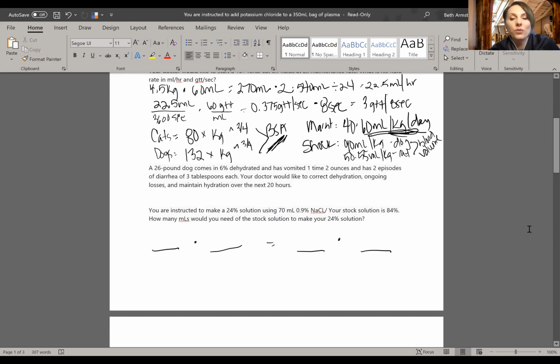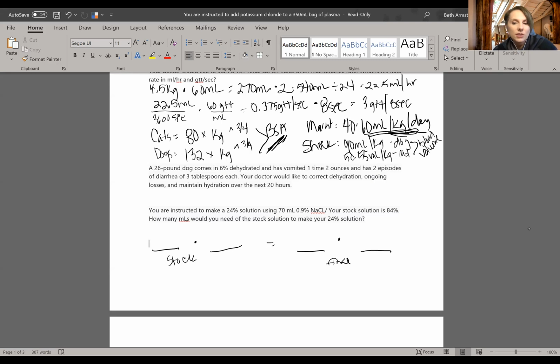Great. So now we just fill in our steps. For some reason, I always put my stock stuff over here, and then this is my final product over here. So just what I do. If we are instructed to make a 24% solution using 70 mL, let's just take that part right there.